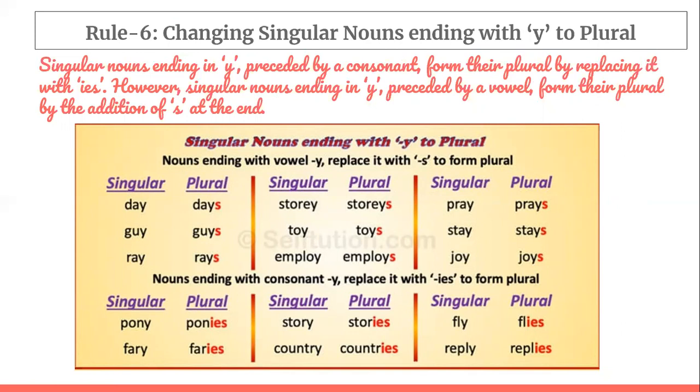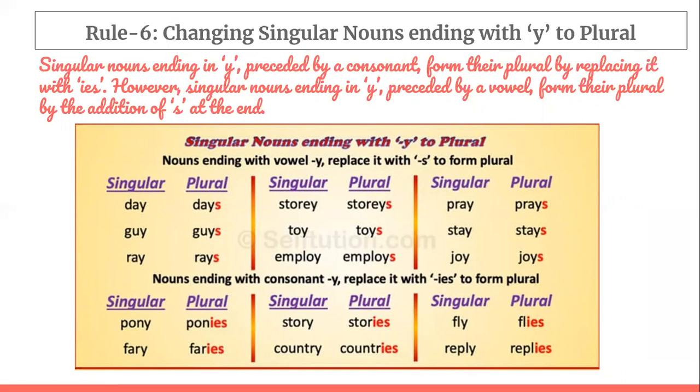However, the singular nouns that are ending in y, but are preceded by a vowel, form their plural by addition of an s at the end. So day will become days, guy becomes guys, ray becomes rays, story becomes stories, toy becomes toys, employ becomes employs.